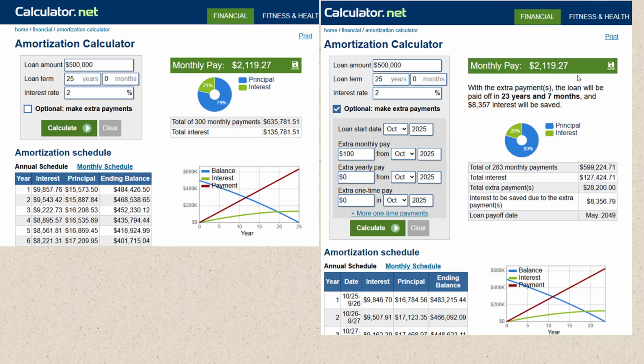So by making just an extra $100 in payments over the entire life of the mortgage, instead of 25 years, you're going to pay it off in 23 years and 7 months. So a year and 5 months earlier, and you're going to save over $8,300 in interest for just making an extra $100 a month. $100 might seem like a lot to you, but if you're paying $2,100, $100 isn't that much more.